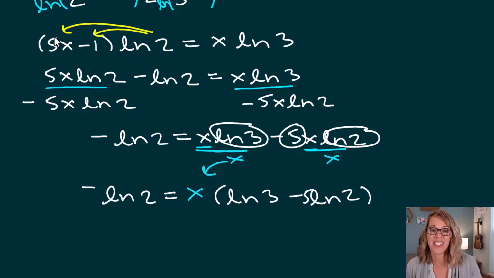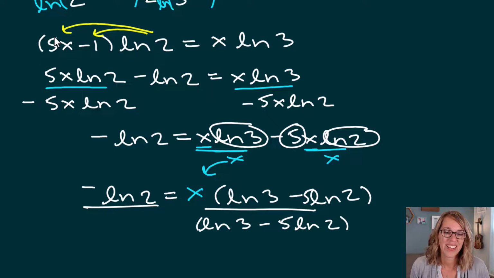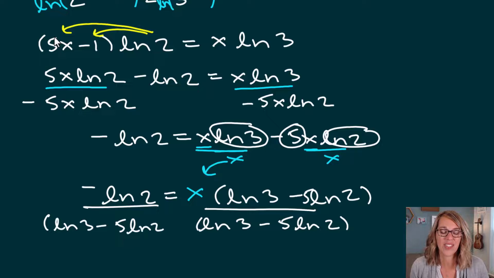X is almost isolated. I just need to divide both sides by the natural log 3 minus 5 natural log 2. Here, this is going to be natural log 3 minus 5 natural log 2.